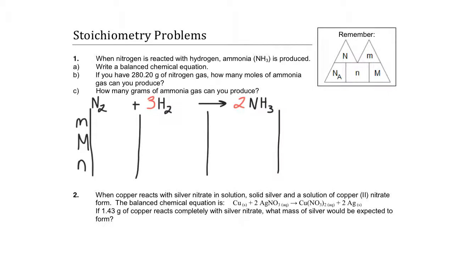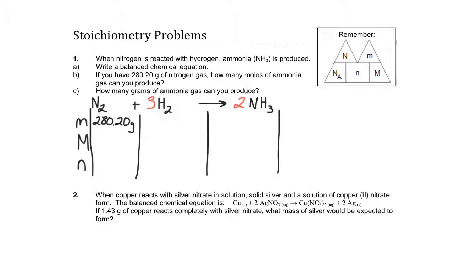And then I fill in all of the information that I know. Well, I know that I have 280.20 grams of nitrogen, so I'm going to put that in my table. That's the mass, 280.20 grams of nitrogen. And that's really all I'm told.